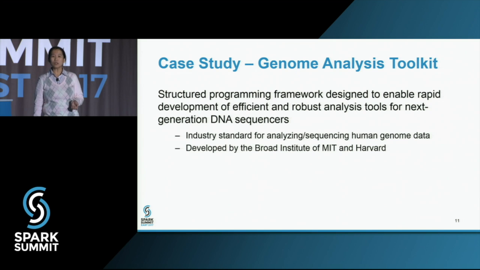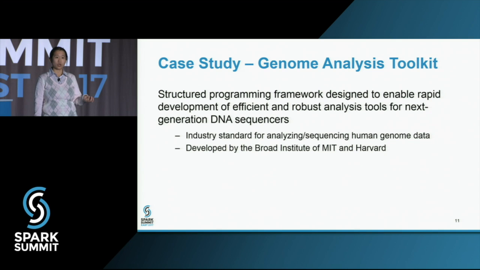Okay. So over the last year, we have collaborated with Broad Institute of MIT and Harvard on accelerating Spark for genome sequencing. The workload we use is the Genome Analysis Toolkit, GATK, which is a structured programming framework designed to enable fast development of efficient tools for next generation DNA sequencers.